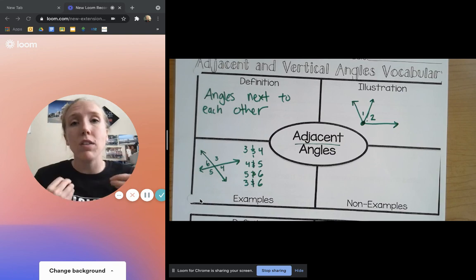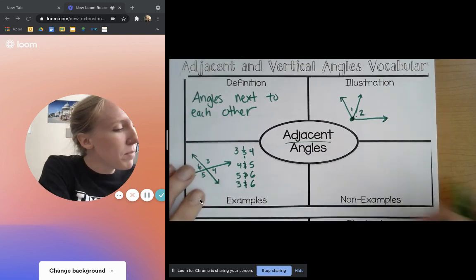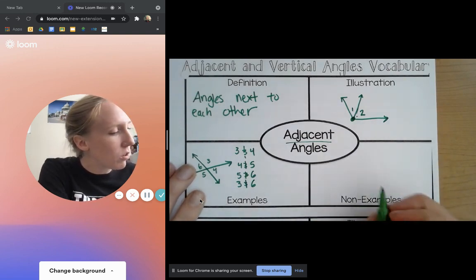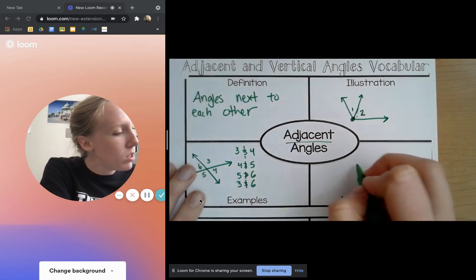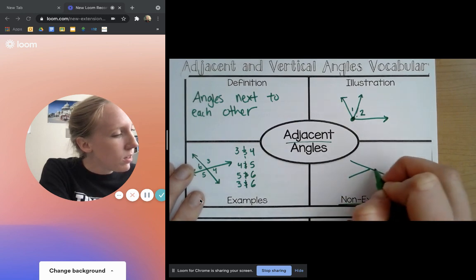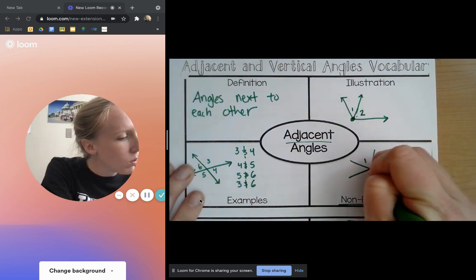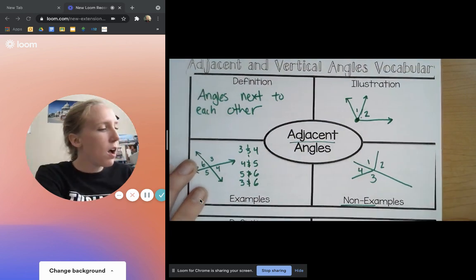They're just a pair of angles that are right next to each other, sharing a side. Something that is not an adjacent angle, because this is a non-example, if we have something like this, 1, 2, 3, 4.